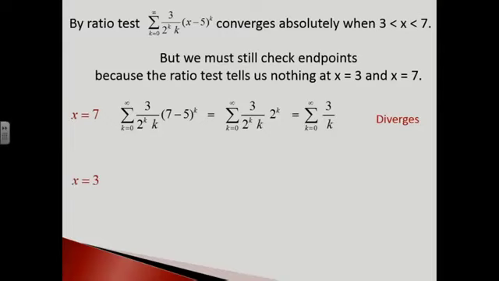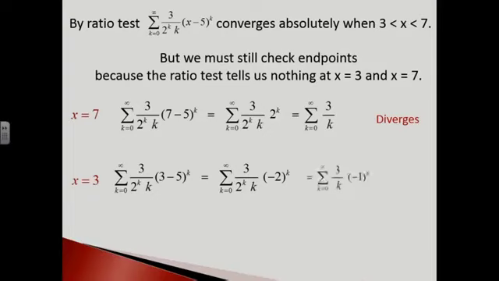When x equals 3, the series becomes sigma of 3 divided by (2 to the power of k multiplied by k), multiplied by (3 minus 5) to the power of k, which equals sigma of 3 divided by (2 to the power of k multiplied by k), multiplied by (minus 2) to the power of k.